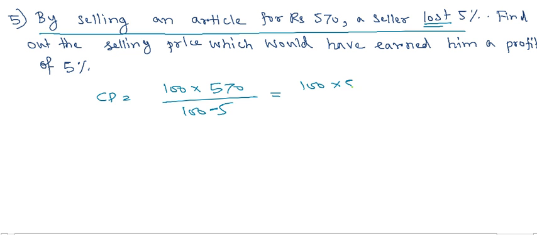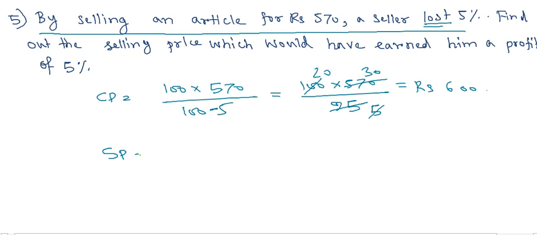So we have 100 into 570 by 95. So cost price is 600 rupees. Now we have to find out the selling price. In order to find the selling price, we will use SP equals 105 by 100 into 600, since profit will be 5%.